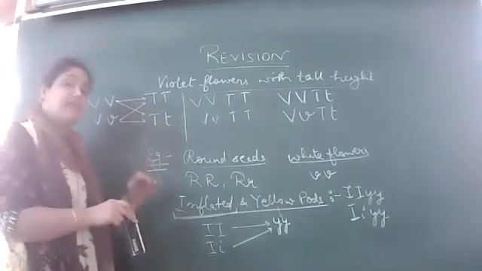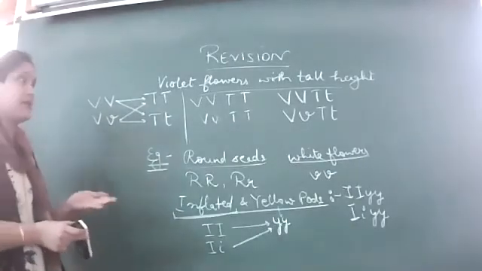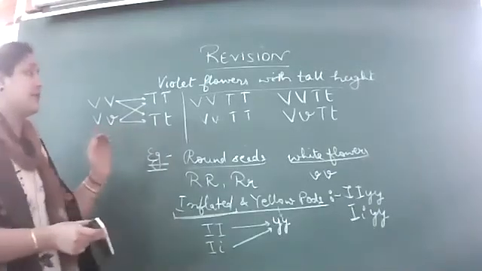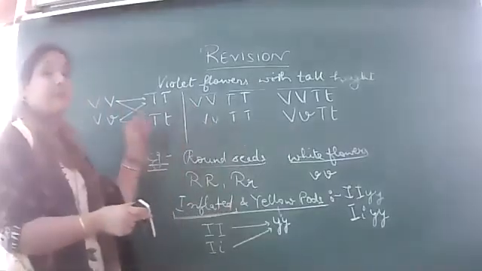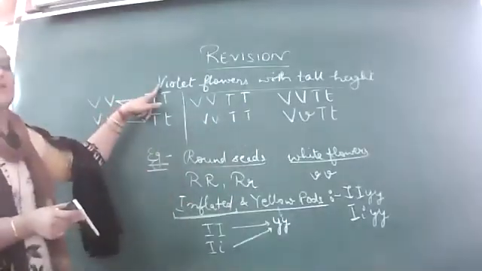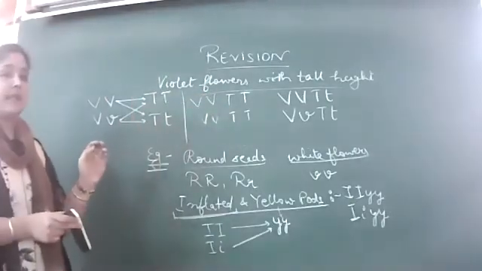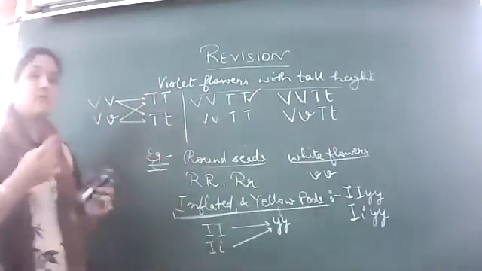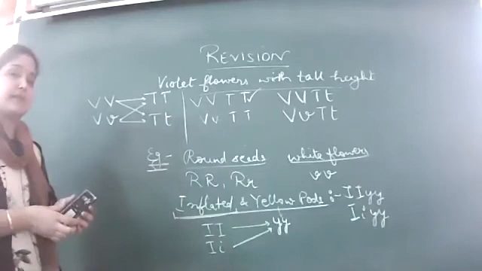Now, if the question says to construct a cross, dihybrid or monohybrid, and tell about the ratios, you get a question like this. I will be giving you the questions also for practice. But if the question says that the parent is homozygous for violet flowers with tall height, then there is only one possibility of the genotype, that is the homozygous parent, the one with both homozygous conditions.